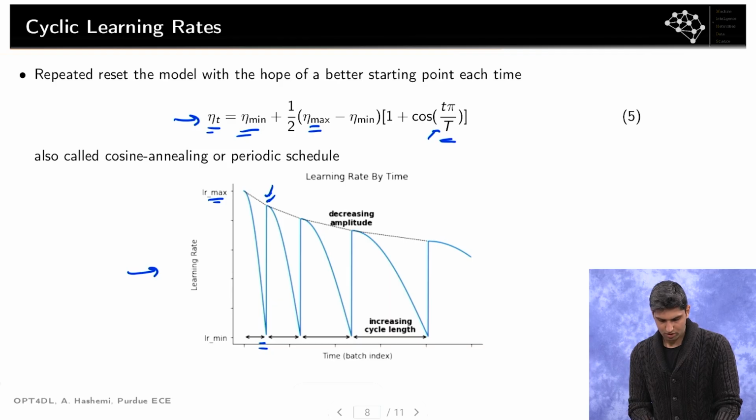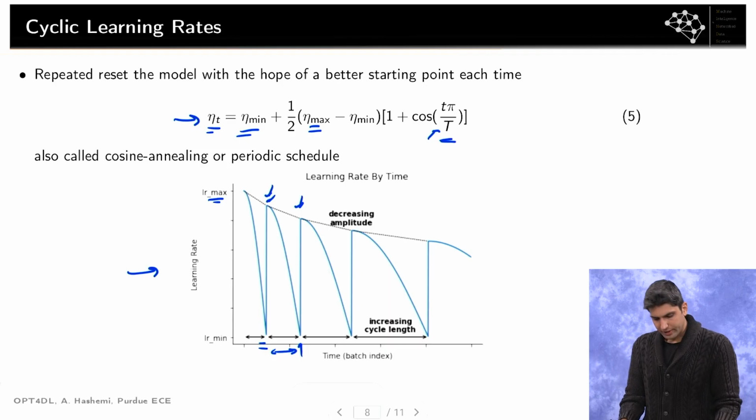And then I may optionally also increase the time it takes for me to go from a high learning rate to a low learning rate, and vice versa. I hit the minimum learning rate again, and then I go back, reset everything, okay? And then I continue doing this process, okay?